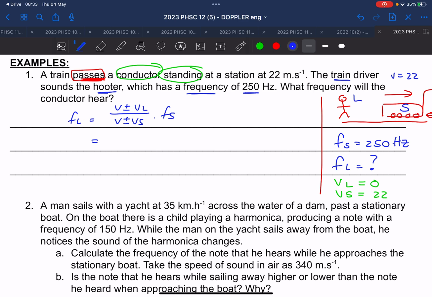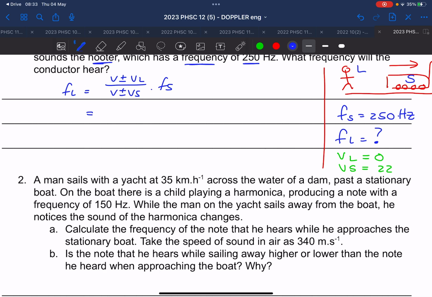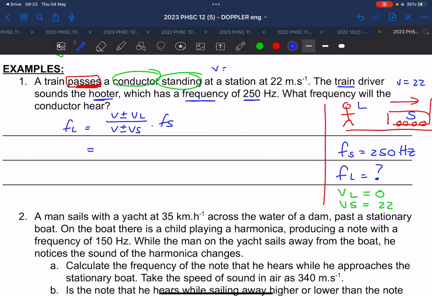Before I put in my plus and minus, I'm going to put in my values. We're going to take the speed of sound to be 340. The velocity of the listener is 0. And the velocity of the source is 22, times 250.